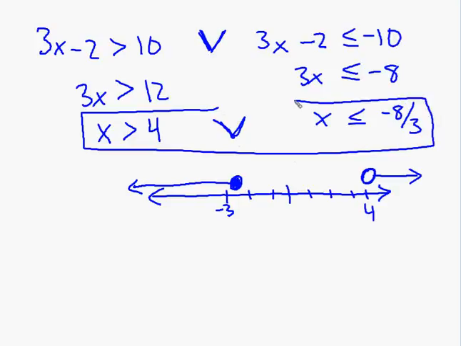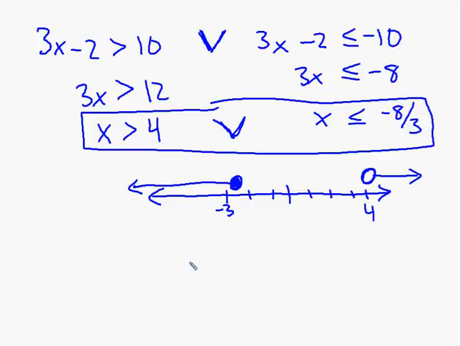Why'd you put the open circle there? Because it can't be equal. This one can be equal. No, why is it in that spot? Why is it where it is? Okay, well, what's negative 8 divided by 3?